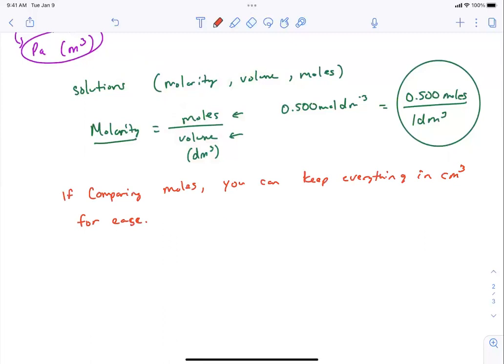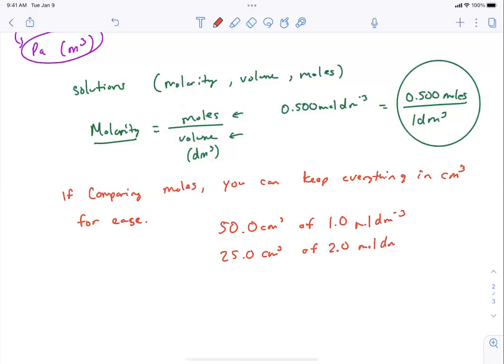It's like when you're saying, well, 50 centimeters cubed of 1.0 moles per decimeter cubed versus 25 centimeters cubed of 2.0 moles per decimeter cubed. These are the same because when I multiply the volume by the molarity, I get the same number, even if it's in centimeters cubed.